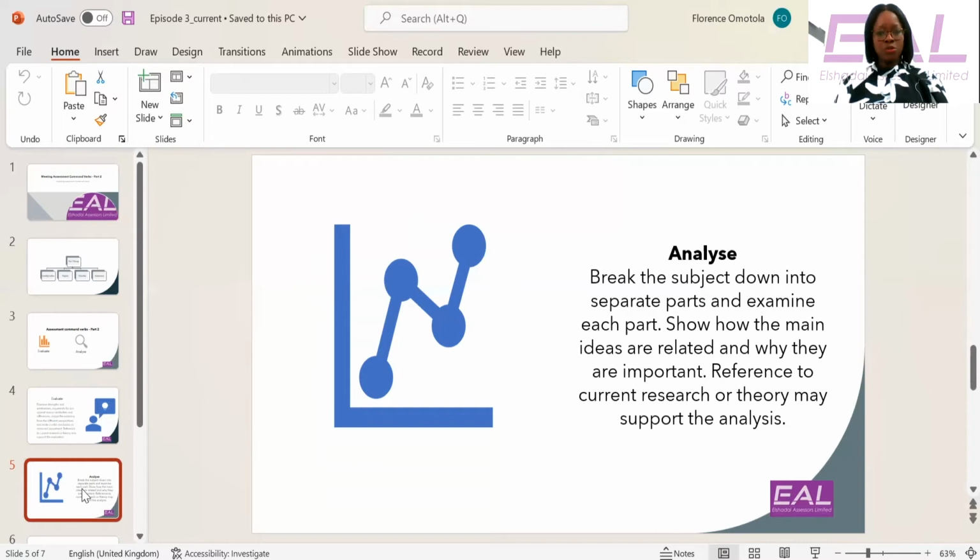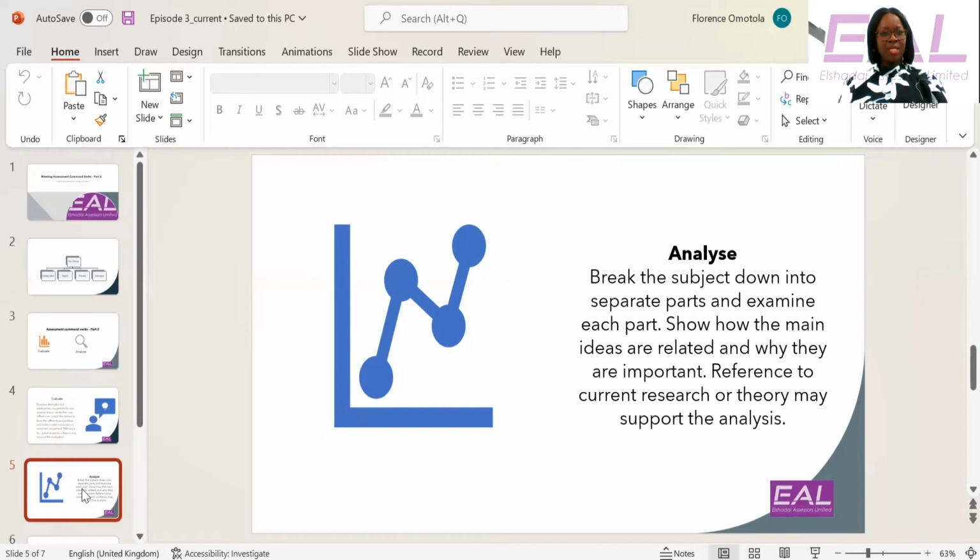Now we want to tweak it a bit and say analyze the importance of the Health and Safety at Work Act 1974 and how it influenced your role. So you can see now, analyze the importance. First of all, you want to look at what this Health and Safety Act 1974 is about.